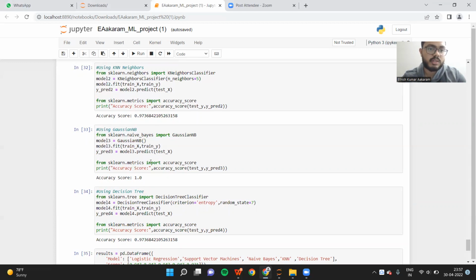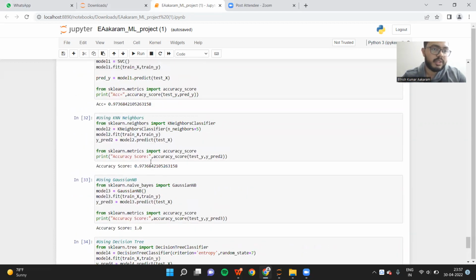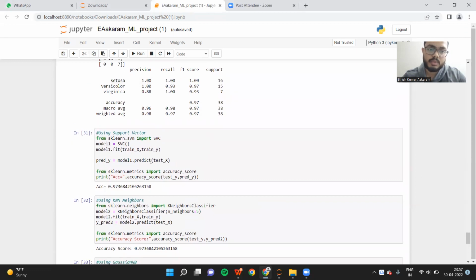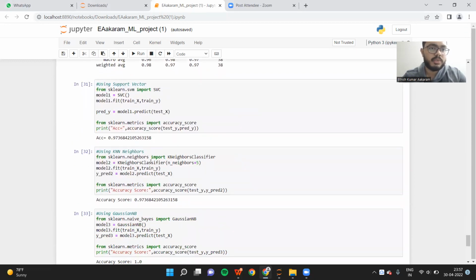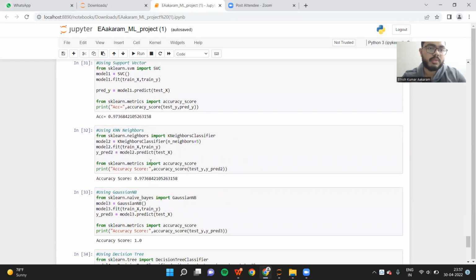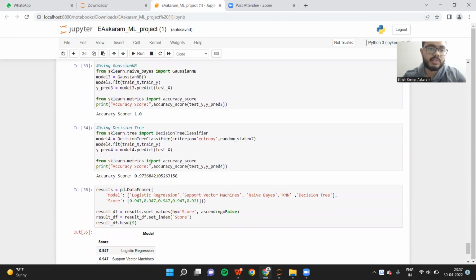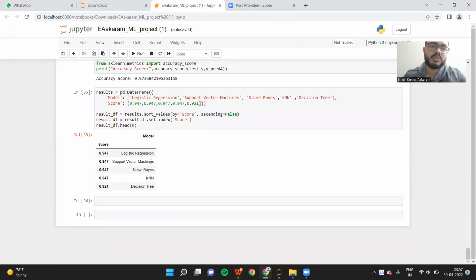It's pretty good there. The Gaussian naive Bayes and the support vector machines are good for this data set as far as my results go. Here's a comparison of all the algorithms that I've taken.